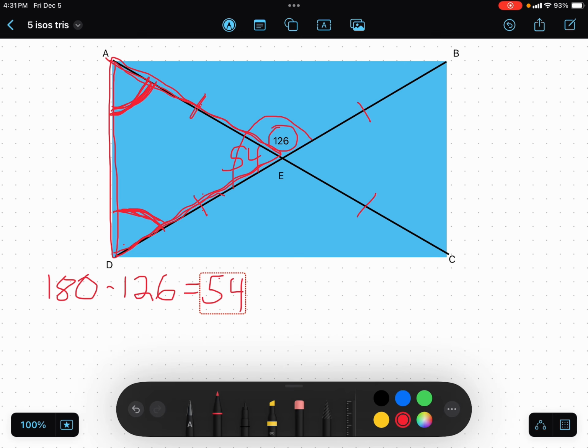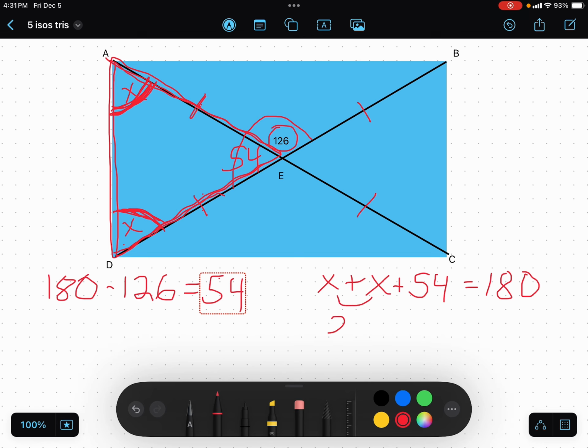So if I call this one x, I can also call this one x. So I can set up an equation like x plus x plus 54 equals 180. I can do that because the three angles in any triangle add up to 180, and the base angles in an isosceles triangle are equal.